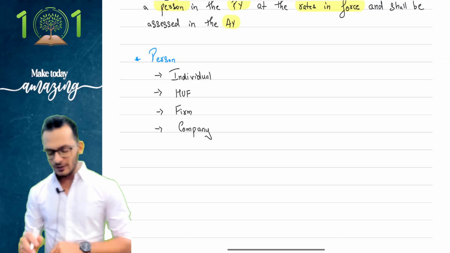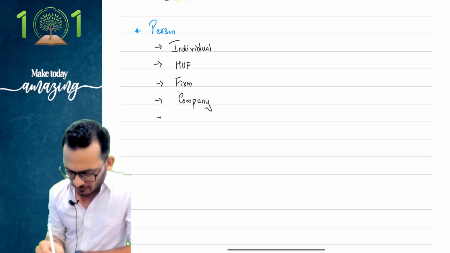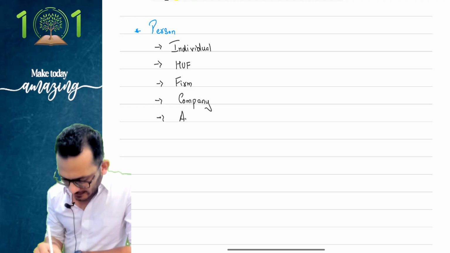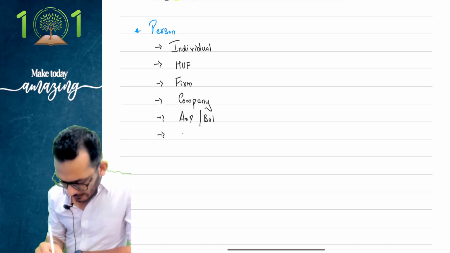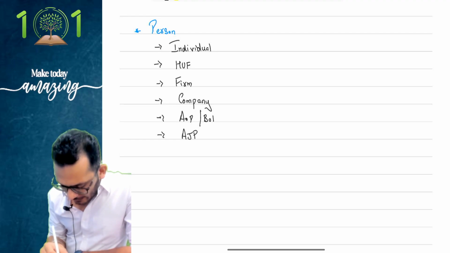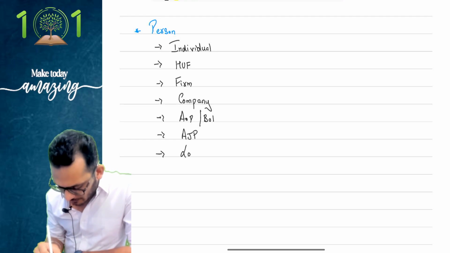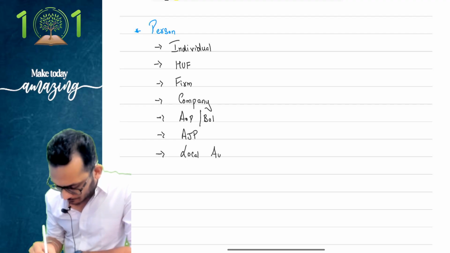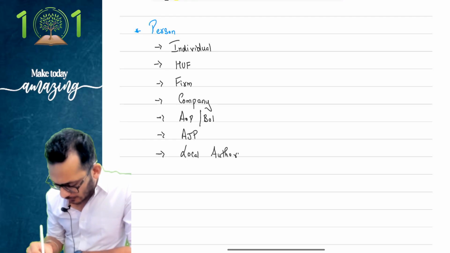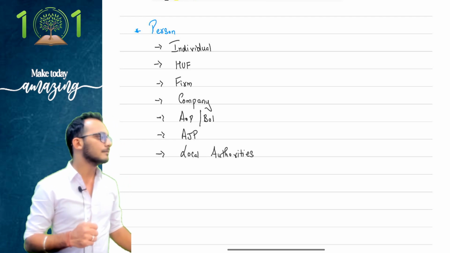So we have the kinds of persons: individual, HUF, firm, companies, AOPs and BOIs. We have AJPs, and for income tax purposes alone, we have something called local authorities. If you notice this carefully, people, I am in central law. For a central purpose, even the state government is a different party.